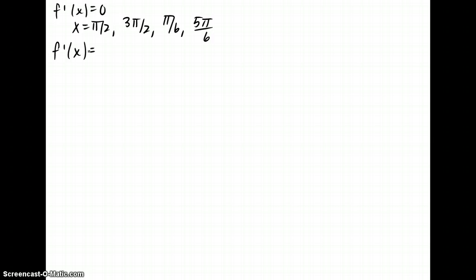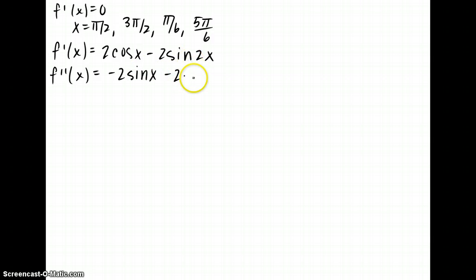So, going back to our first derivative in terms of sine and cosine, the second derivative is negative 2 sine x minus 2, the derivative of sine is positive cosine, and the derivative of 2x is 2.